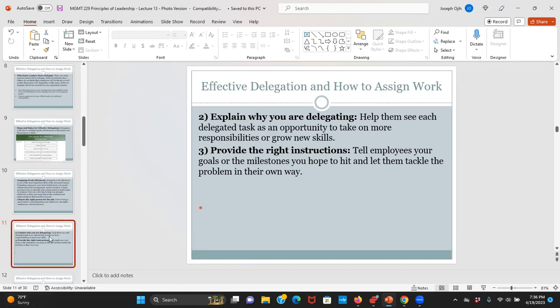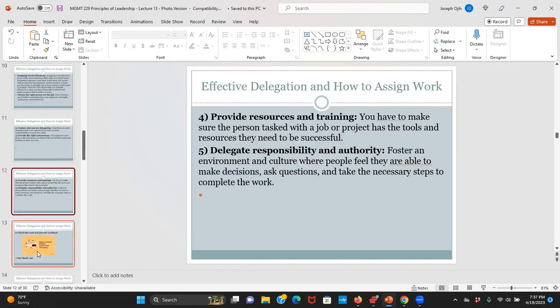Which brings us to the fourth tip, which is provide resources and training. Very, very important. You have to make sure that the person tasked with a job or project has the tools and resources they need to be successful. You need to make sure that they have it.